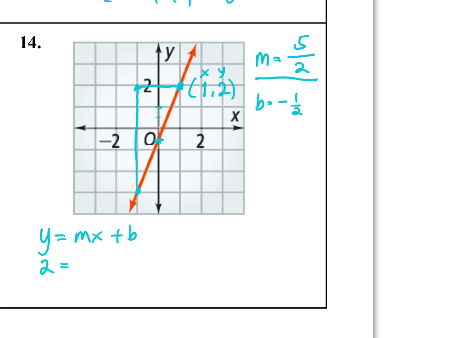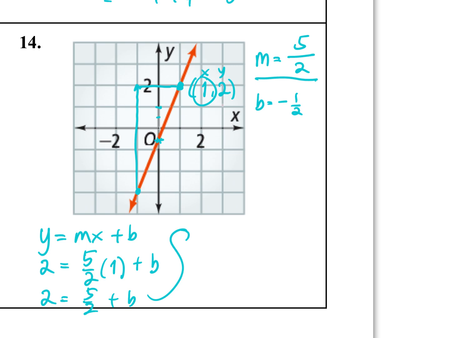My slope is going to be 5 over 2 multiplied by the value of x in here, which is 1, plus b. So 2 is equal to 5 over 2 plus b.